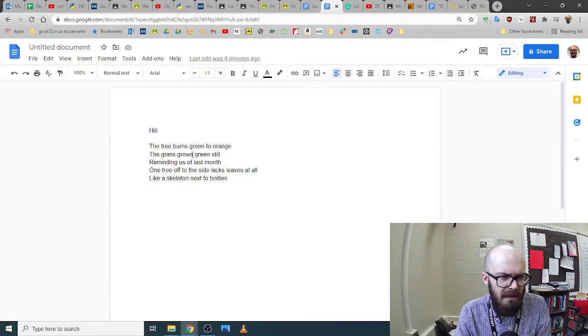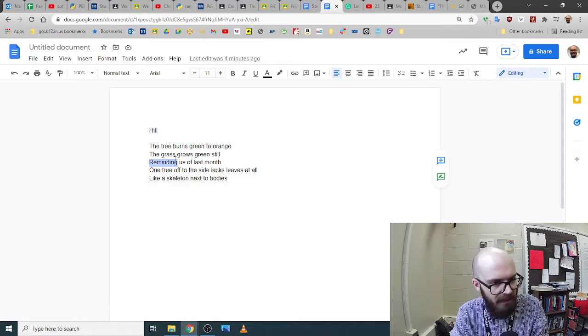So like in here, reminding, even though that is a verb that is a little uncommon and a little interesting, and I didn't mention it when I was cutting out the really bland ones, I don't love reminding because I want it to be something with more personality.